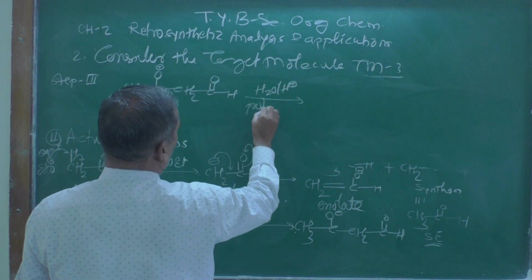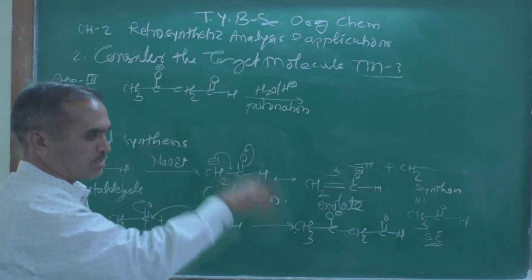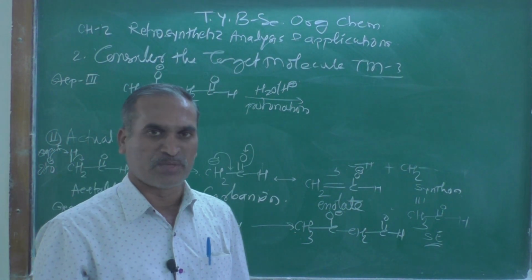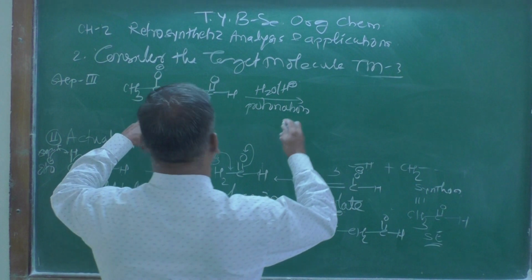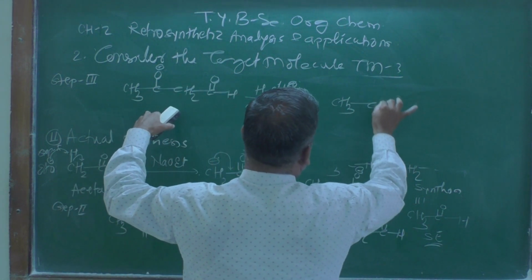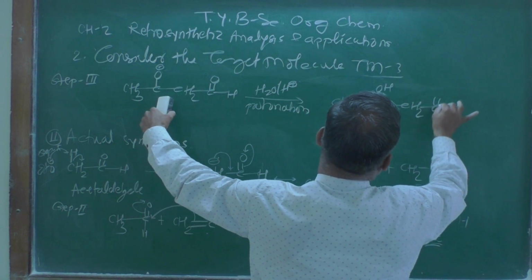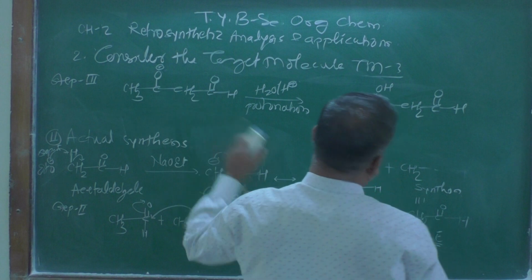This process is called protonation. Protonation means this alkoxide will pick up a proton from the solvent, and the compound formed is known as aldol, CH, then OH, this CH2 C double bond O and H, right?